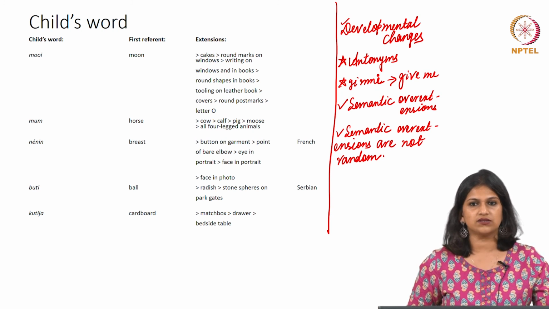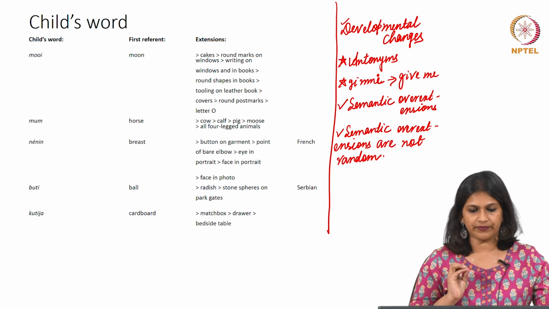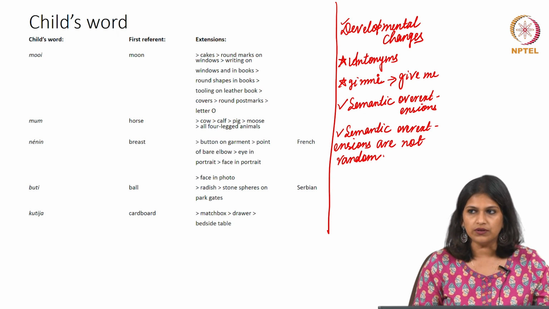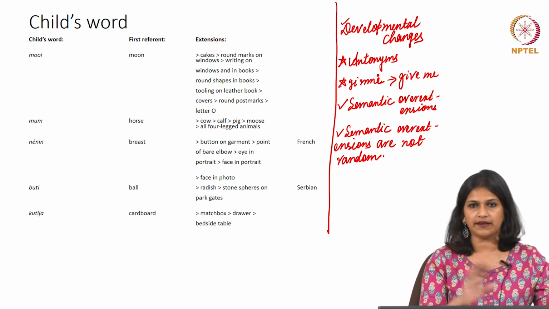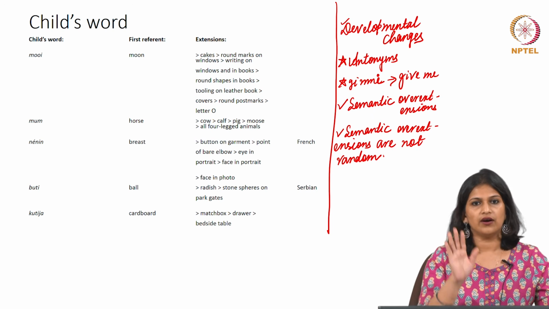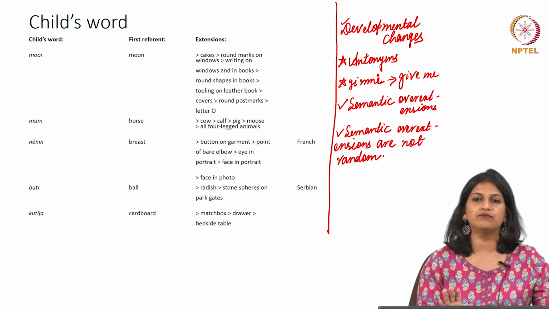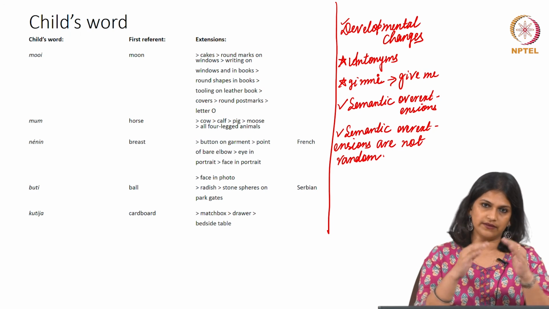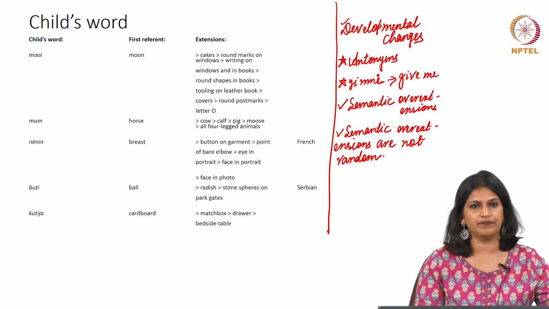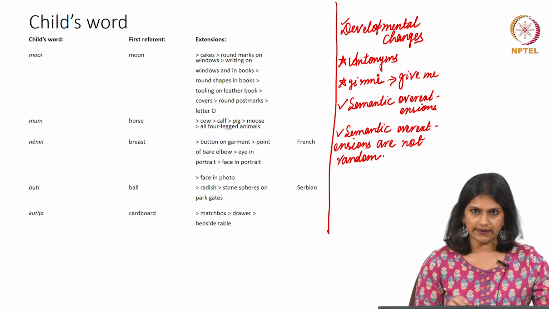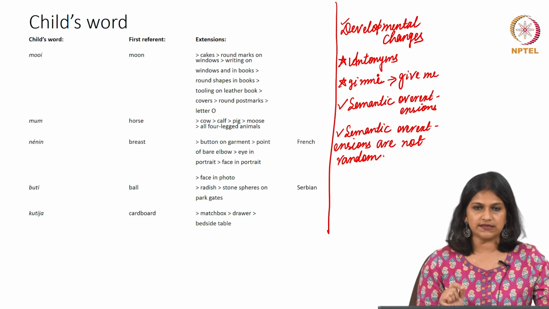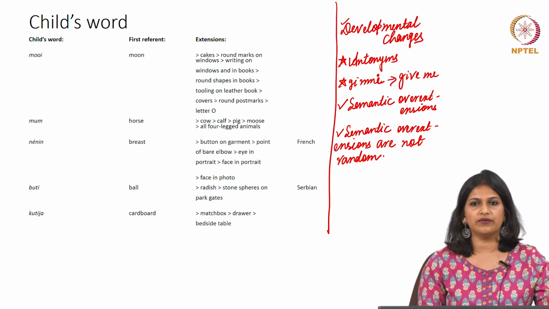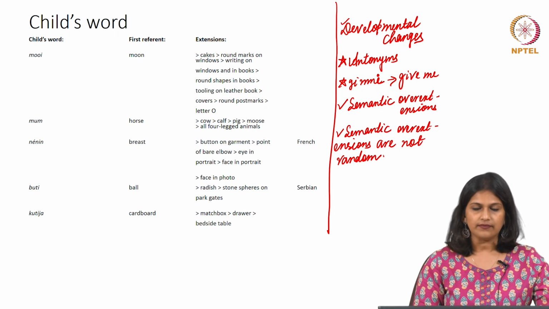The child is not going to extend the first referent moon, let us say, to a chair. A chair will never look like a moon to the child, or a TV screen will never look like a moon, unless the shape of the TV is round. So it is clear that semantic overextensions are not random.